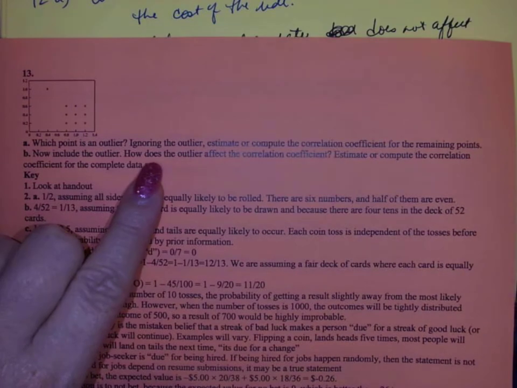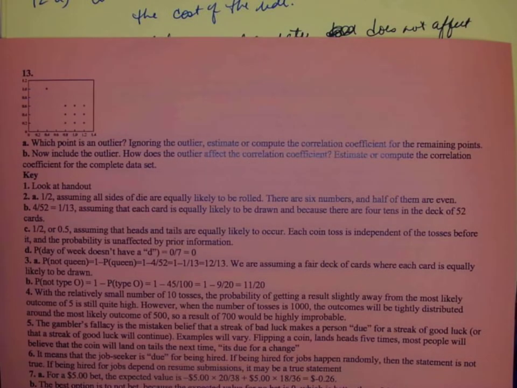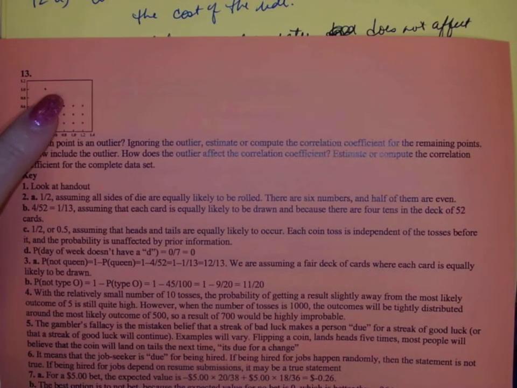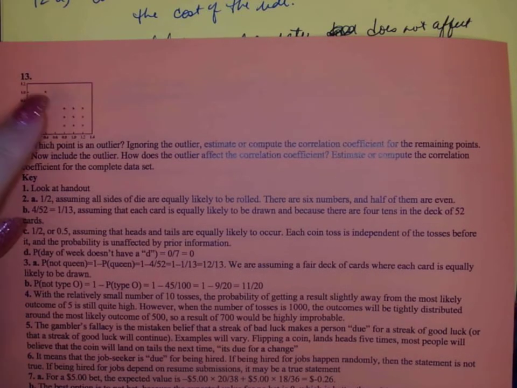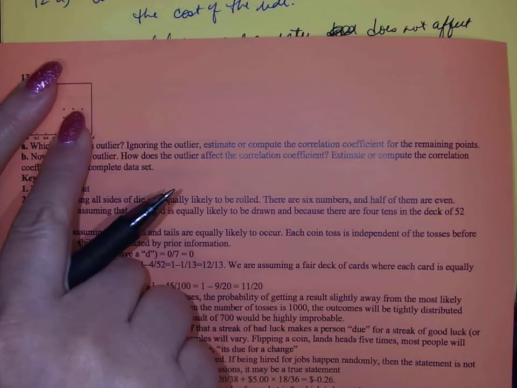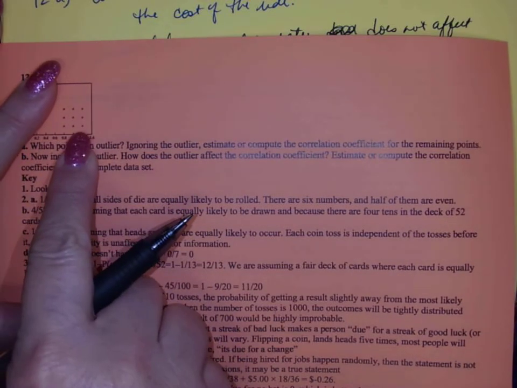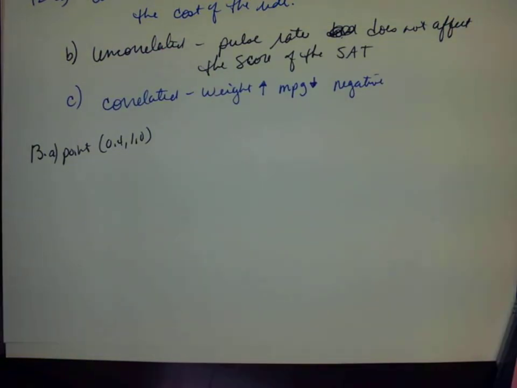And it says, ignoring the outlier, estimate or compute the correlation coefficient for the remaining points. So if I take this point out, what would we expect the correlation to be? Well, if I take this one out, all I have is this group of dots, right? There's no correlation there. So the correlation would be 0, because it's just a blob.